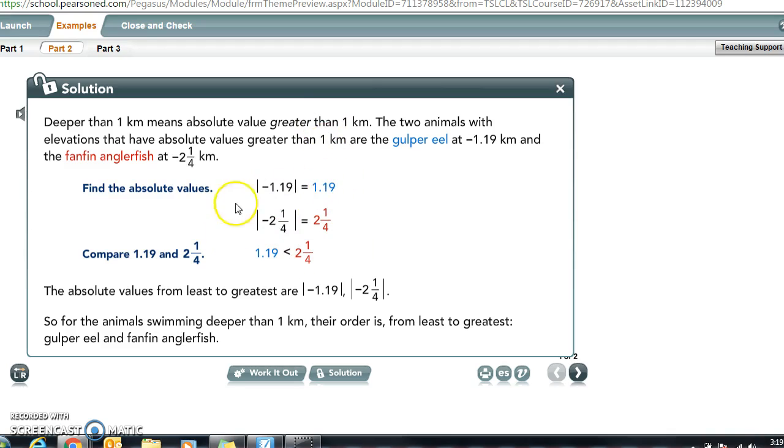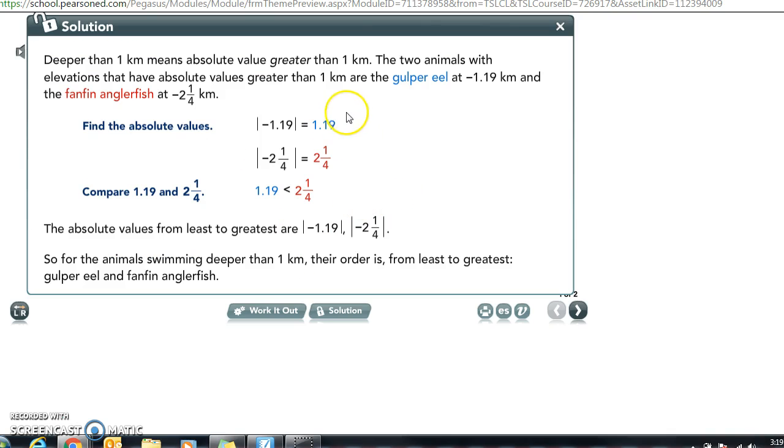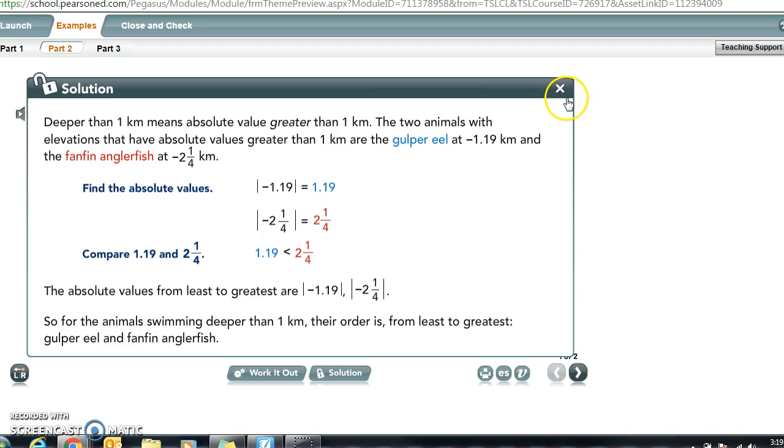Okay, so we already ordered from least to greatest, but they want you to compare the top two. Well, I know that the angelfish dove deeper than the gulper eel. So the absolute values from least to greatest are 1.19 and 2 1/4. So go ahead and put this in your notes along with ordering from least to greatest.